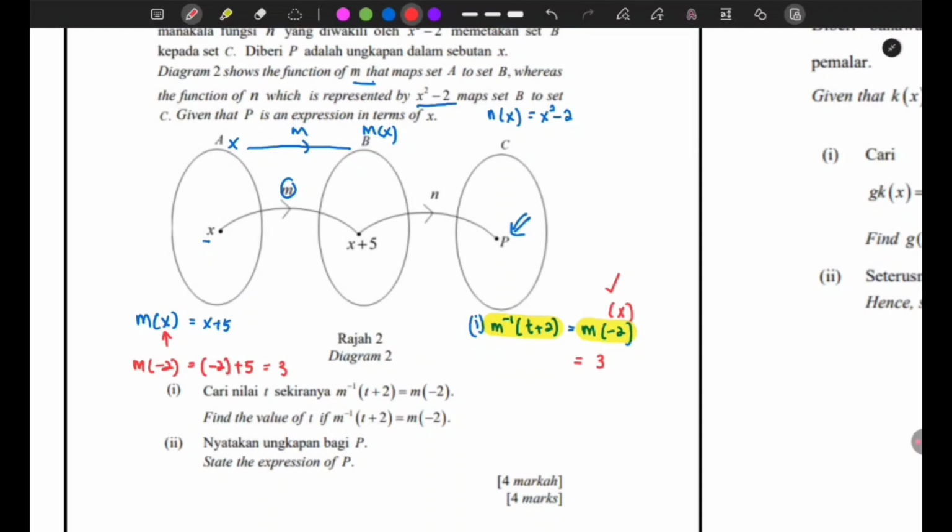Now look at the inverse part. m inverse of (t plus 2). So first thing, this is the inverse. If you want to solve the inverse, you need to find the inverse function. And how do you find the inverse function? Remember I told you, you have to let y. If you want to find the inverse function, let y equal the normal function.